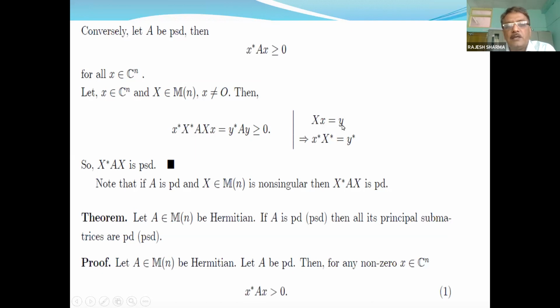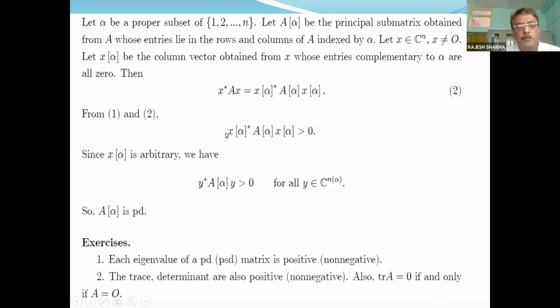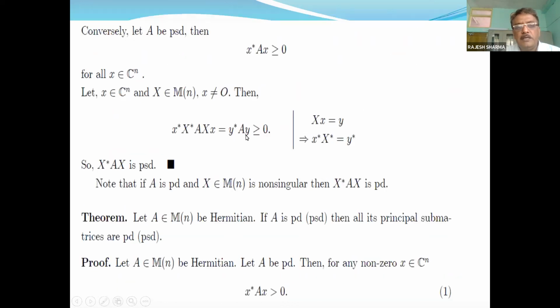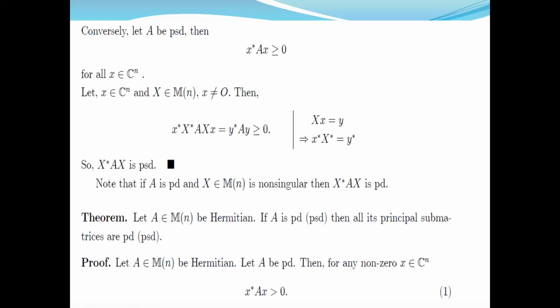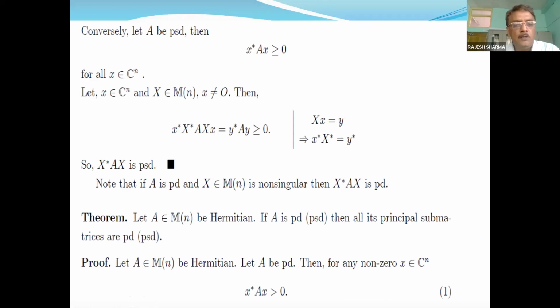Now put Xx is equal to y, then this is a column vector, and x star X star becomes y star. So this is positive semi-definite. Note that if we take A positive definite and X nonsingular, then X star AX is positive definite.